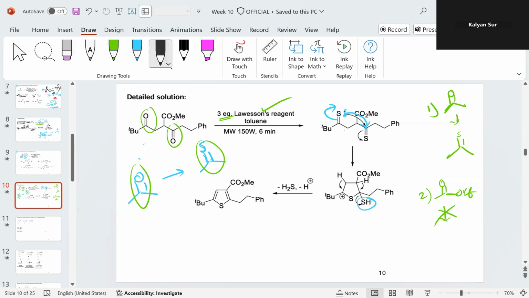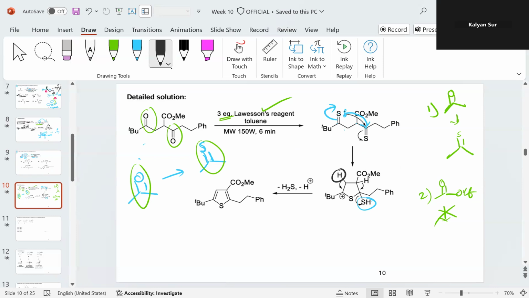C positive at this position on the carbon, because of the opening of this C double bond S. In the same reaction, these protons from both sides.